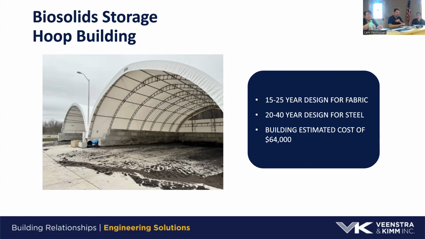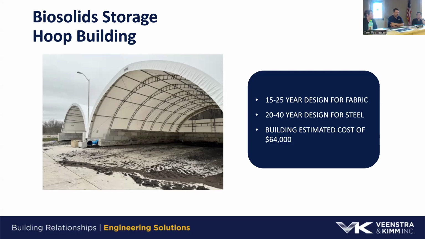And then this last building is a hoop building. This is from a community not too far from here, actually. Obviously it's just a fabric over a steel frame. So you can imagine how that holds up. It functions, but if you have a big windstorm or something come through, that'll get torn off. And it'll degrade over time.